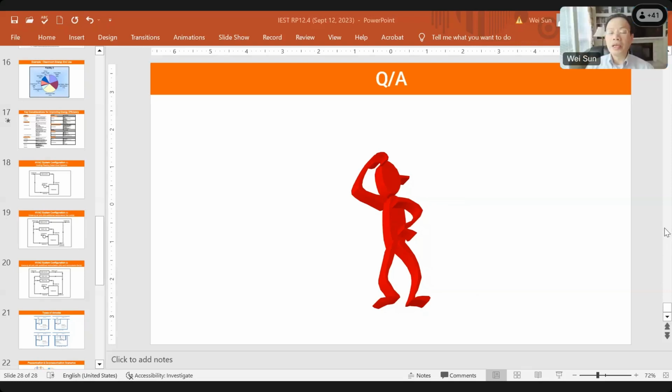And I believe very soon we are going to assemble a new contributor team for the 12.5. It is going to take another 2-3 years. We are going to start this revision effort in ESTECH 2024. So this could be a good topic that we can include in the new document.